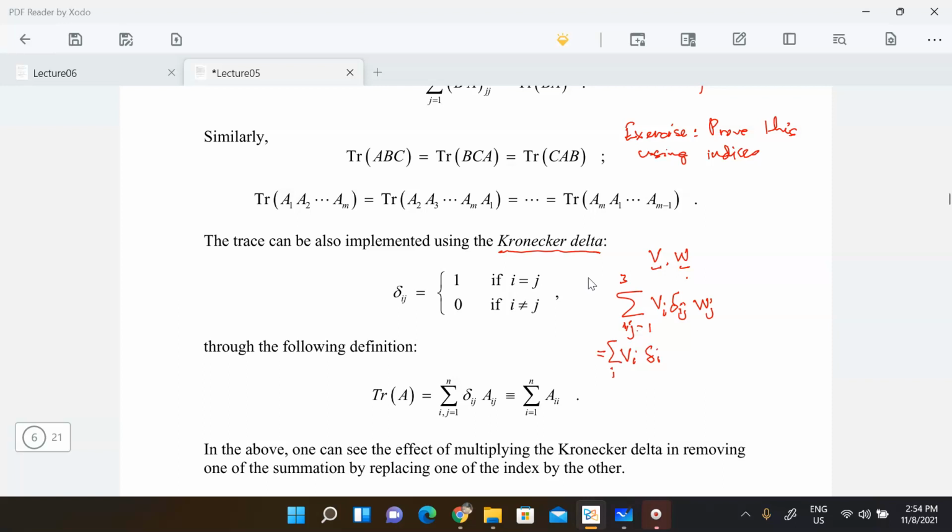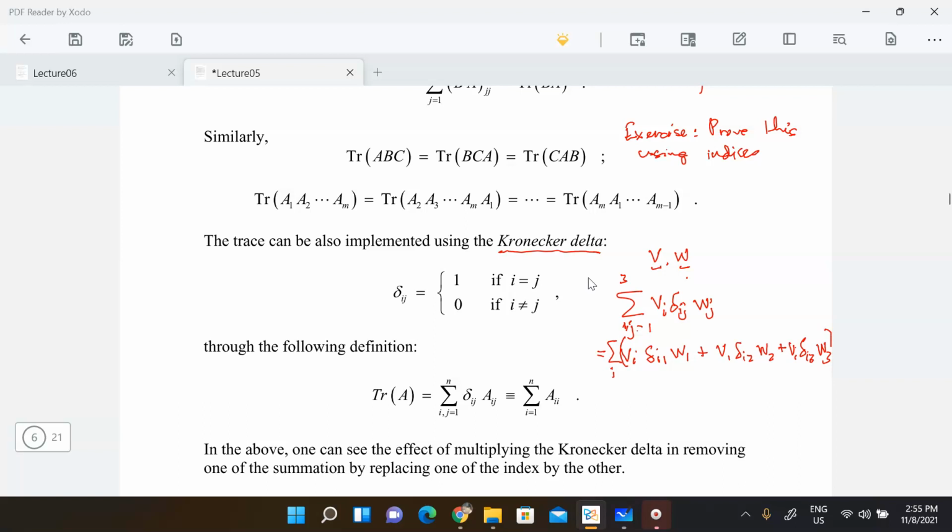Vi delta i1 W1 plus, new bracket here, Vi delta i2 W2, and then Vi delta i3 W3. Okay, so that is the sum over j here.